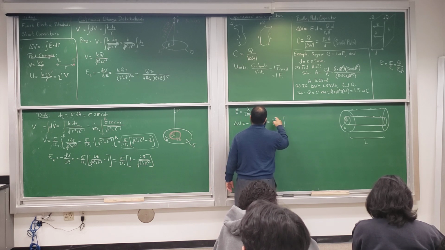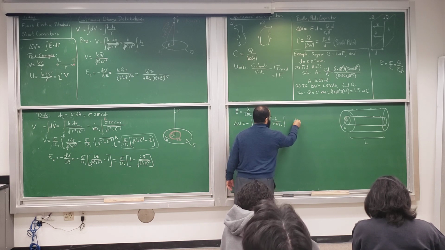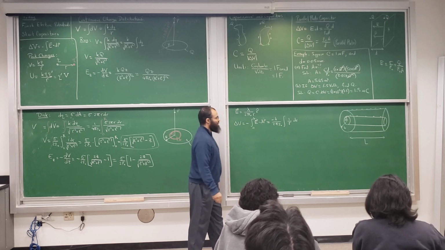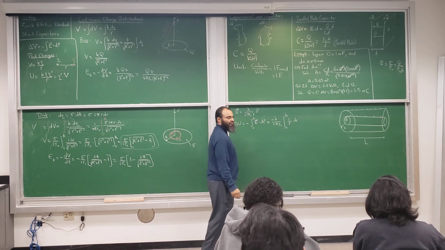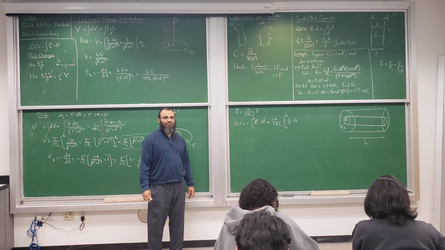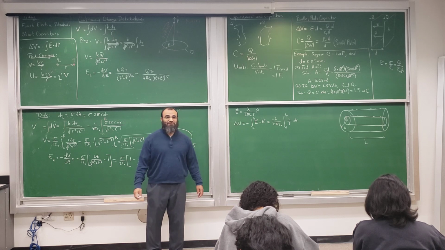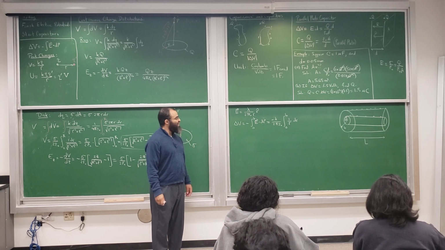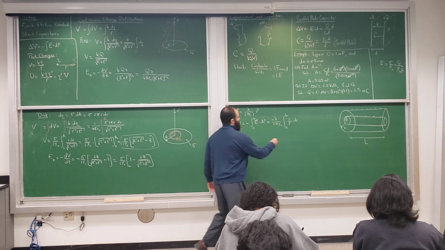The integral of dr dot r hat just becomes dr, and then 1 over r from a to b, all right? That integral is what? Yeah, ln of b over a. Good.